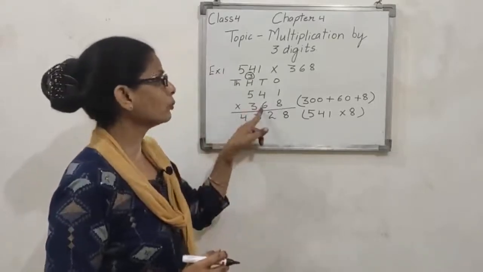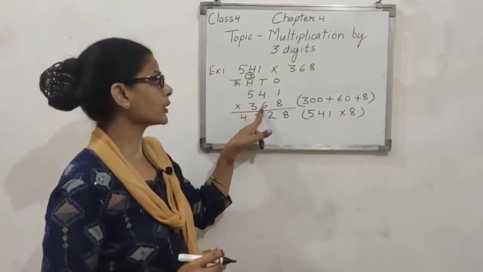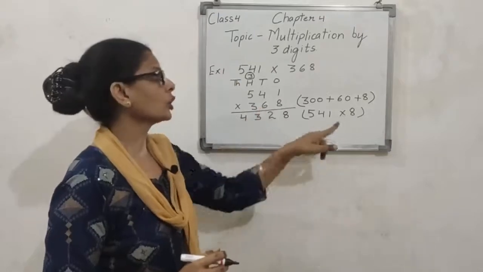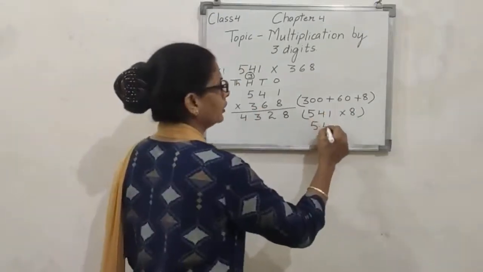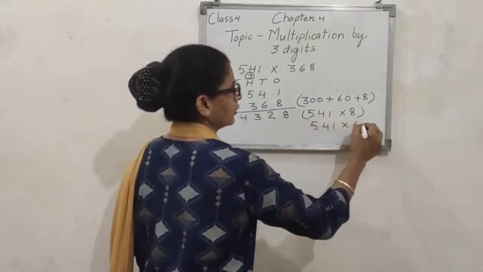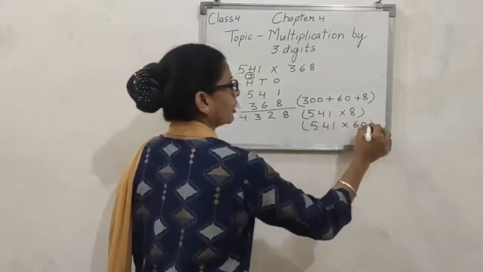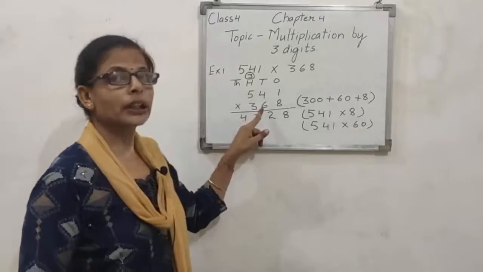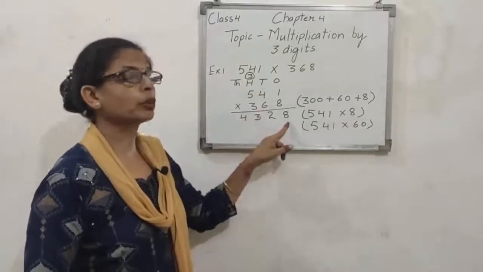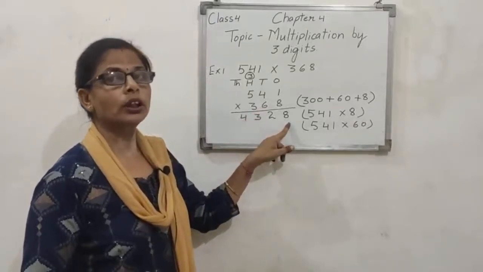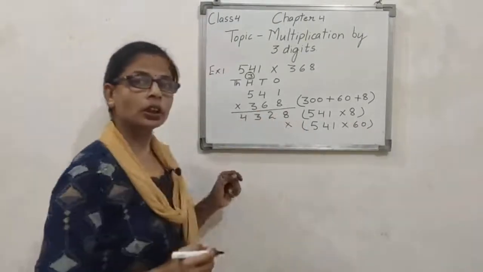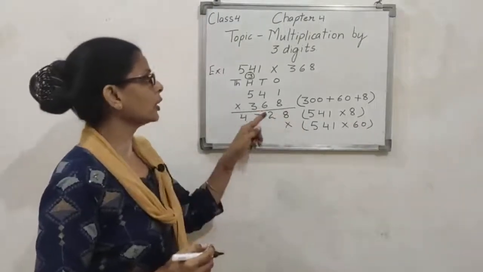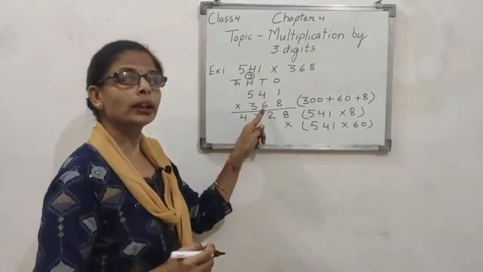Now, we have to multiply by the tens place. Tens place is 6. So, what we have to multiply? 541 by 60. Now, we are multiplying by the tens place, so we have to put 0 or a cross on the ones place. We should put a cross or 0 on the ones place because we have to multiply by the tens place.